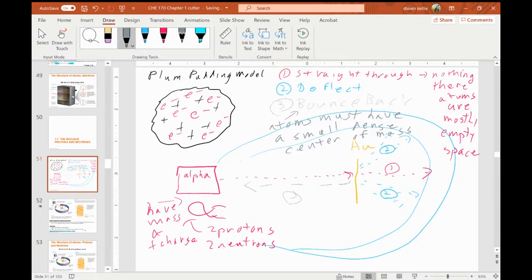In other words, there has to be something in there for them to hit. However, since only a small minority of my particles are getting bounced back at me, that means that center of mass has to be really small. So my atoms must have a small, dense center of mass.